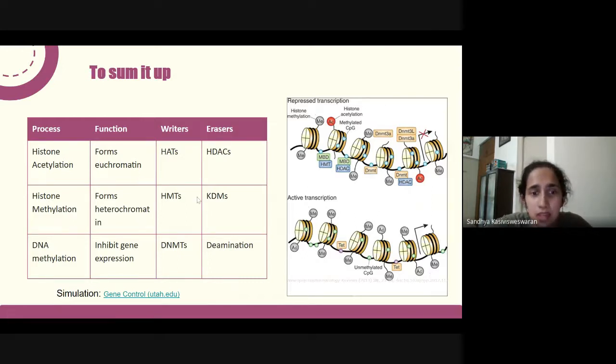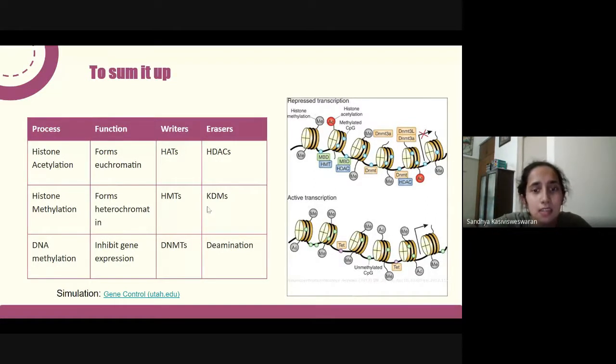Its writers are methyltransferases and erasers are demethylases. And here, if you're wondering, the K is the residue on which your histone gets methylated, called a lysine residue. So we studied in the last class about the genetic code and your amino acids. So every amino acid has a single letter code. So the single letter code for lysine is K.